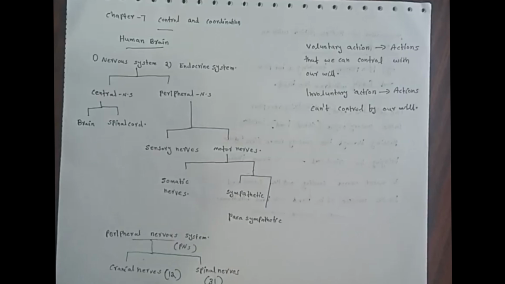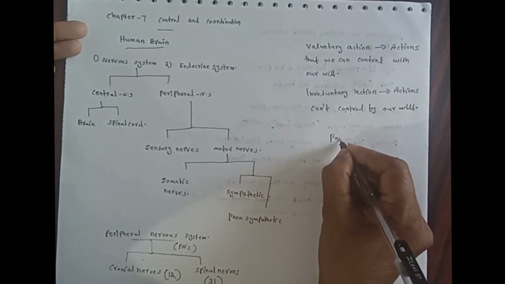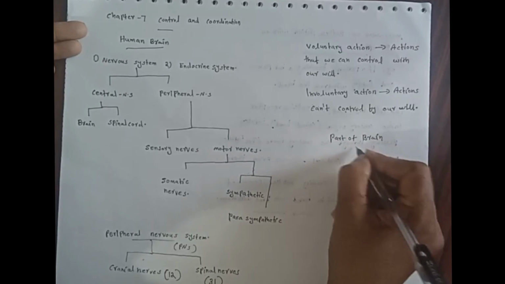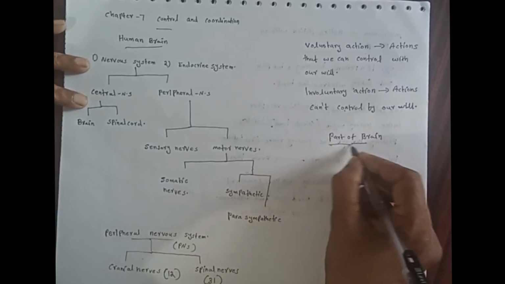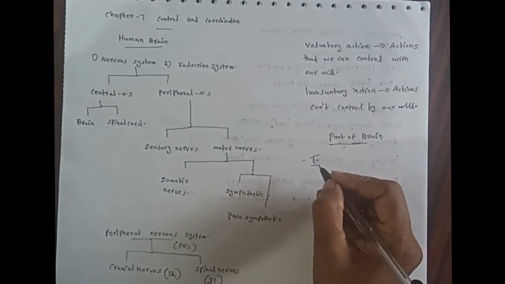Next topic, parts of brain. What are the parts of brain? Forebrain, midbrain and hindbrain. First one, forebrain.